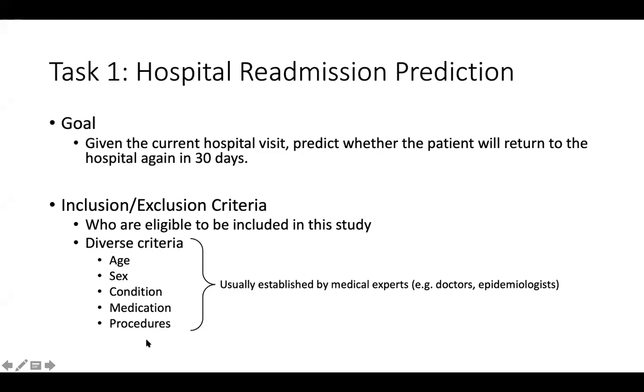These criteria are not prepared by us being AI engineers or AI researchers, we have no idea what are important criteria and what are not. So it's usually established or defined by medical experts like doctors or epidemiologists or biostatisticians or anyone who's working at pharmaceutical companies. They are the ones who decide these criteria, and then as engineers like us, we can just implement that in the code.